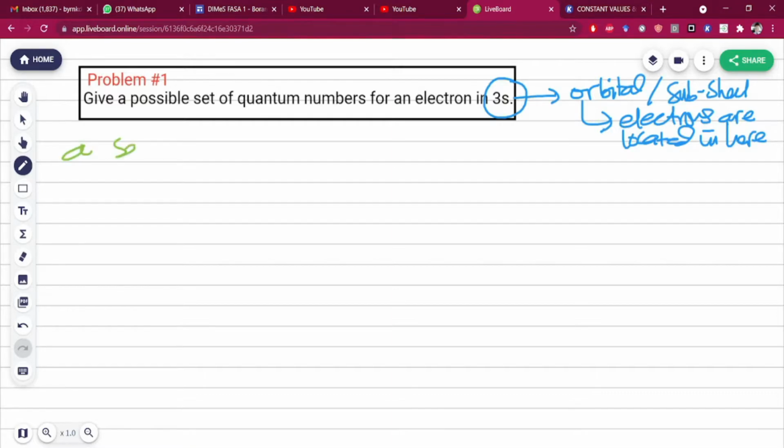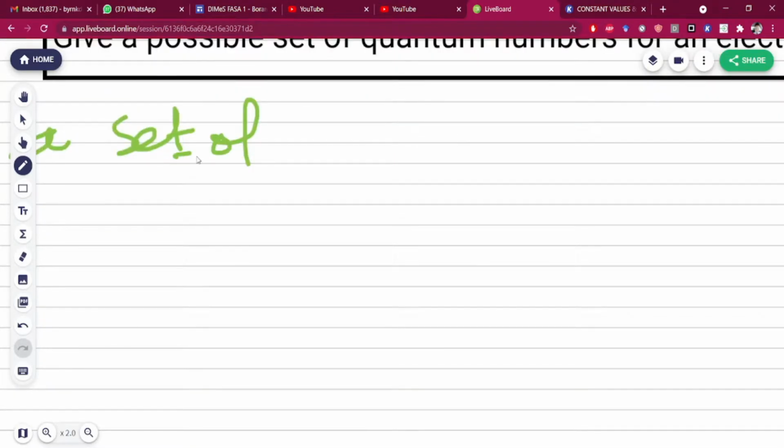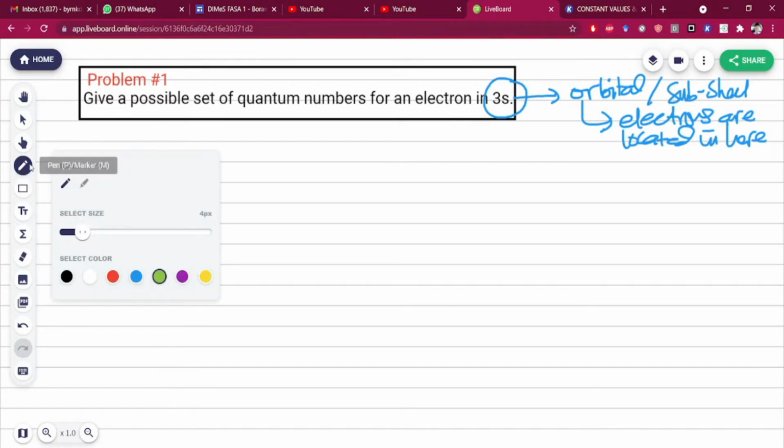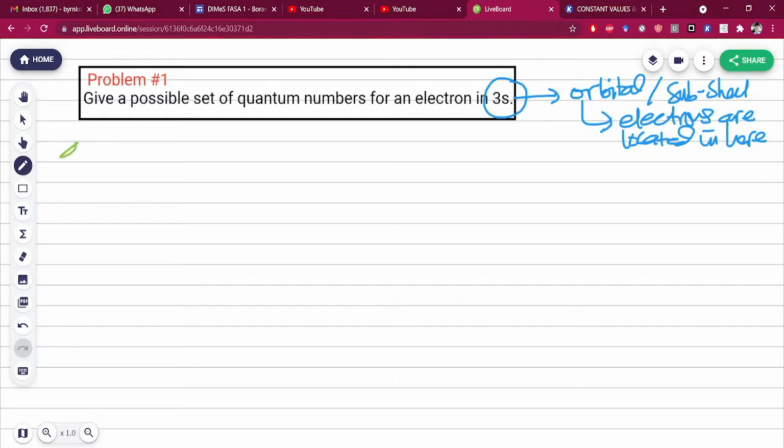A set of quantum numbers consists of n, the principal quantum number, L, the azimuthal quantum number or angular momentum quantum number, m, the magnetic quantum number, and s, the spin quantum number.